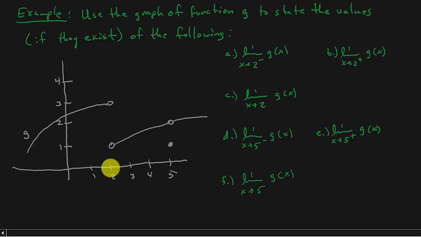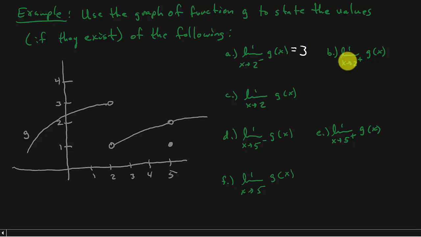What part of the graph am I on? I'm on this one up here, right? I'm coming into 2 from the left-hand side, and my y value is approaching what? It's approaching 3. See, the y values keep increasing as I come into 2 from the left, and so I'm getting a y value of 3. So this limit would be 3.